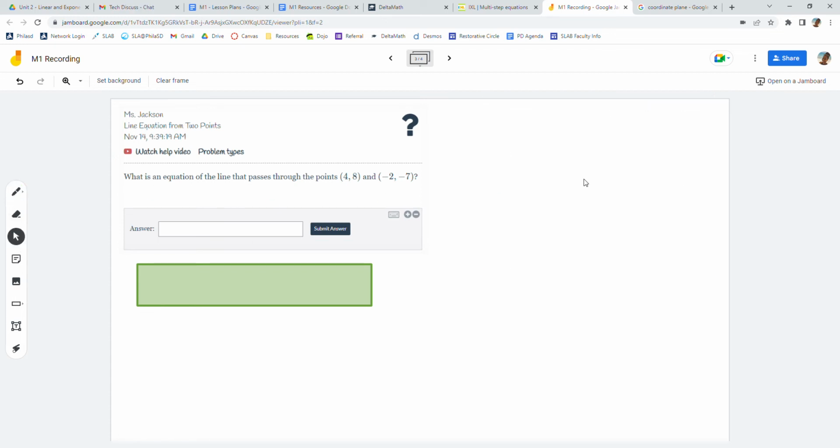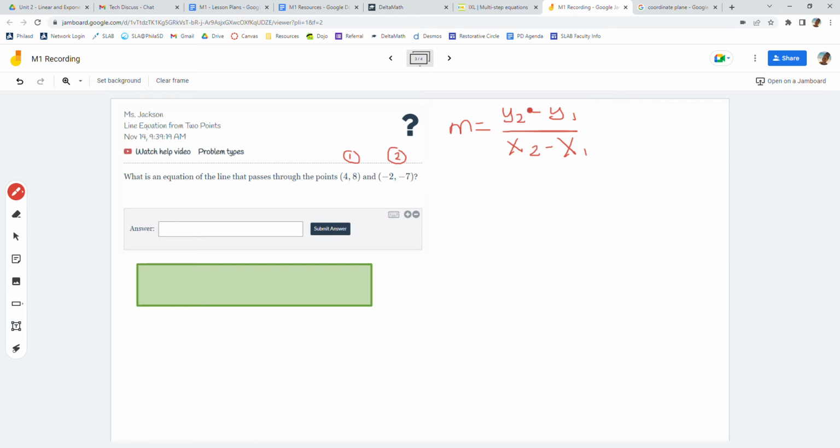equation for slope. So we have 2 points, and our equation for slope, just to review your memory, is the change in y, so y2 minus y1 over x2 minus x1. Okay, so let's call this point our first point. I'll call -2, -7 my second point.